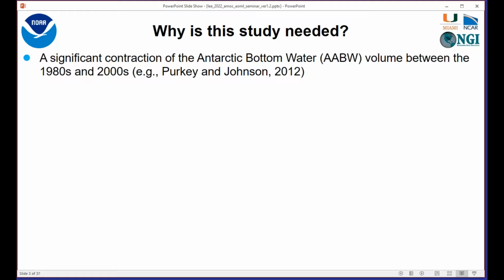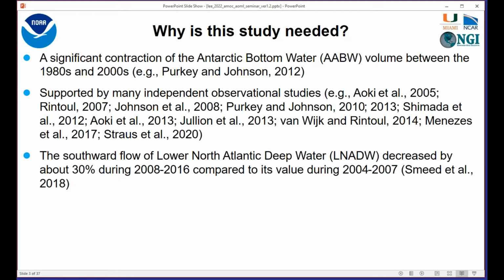Indeed, according to recent observations, there is some evidence showing that overturning is getting slower. For instance, Purkey and Johnson in 2012 showed that there has been a significant contraction of the Antarctic Bottom Water, which is the densest water in the Southern Ocean, between the 1980s and 2000, according to repeated hydrographic data, GO-SHIP and the World Ocean Circulation Experiment.